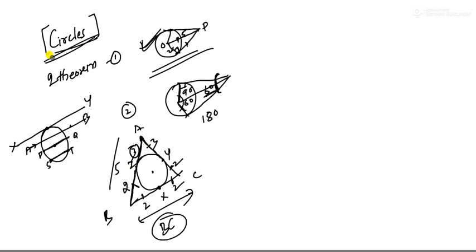Next is moving to triangles. So in triangles, the first thing you have to remember is the difference between similar and congruent. Okay, because they may give a sentence type question.